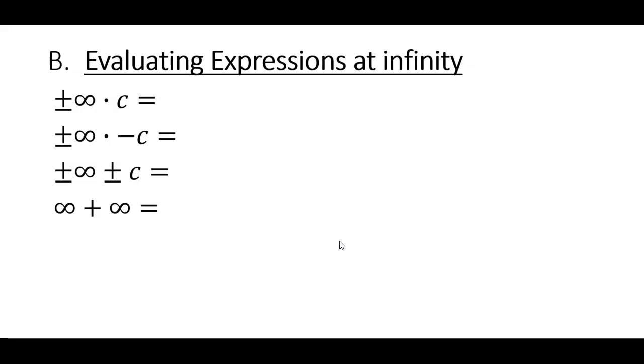What's infinity plus infinity? It's just infinity. All right. How about negative infinity minus infinity? Well, that's going to be negative infinity. You just took negative infinity and you took infinity away from it, so you just get more negative infinity.